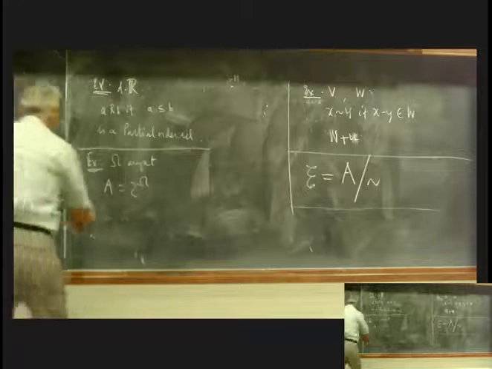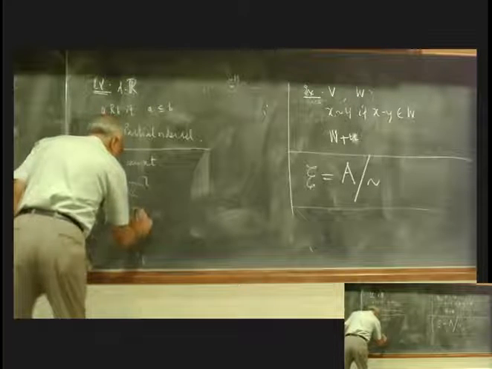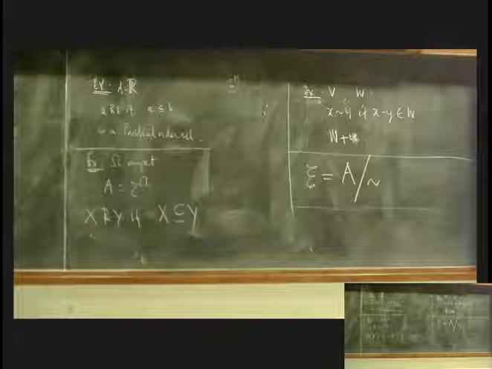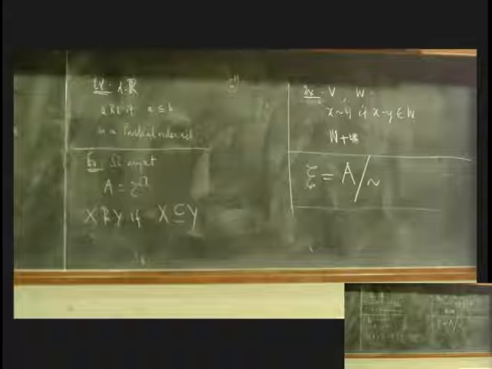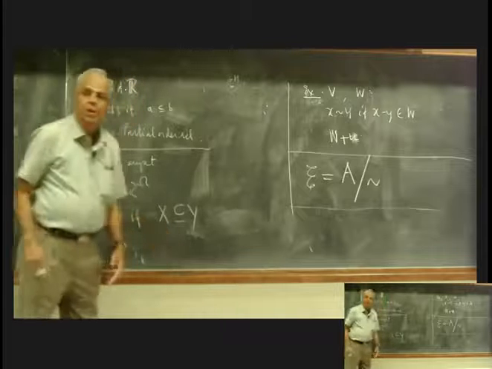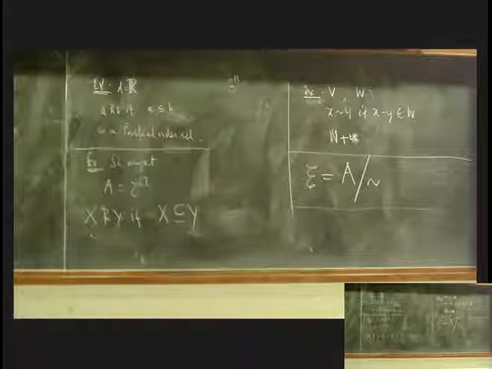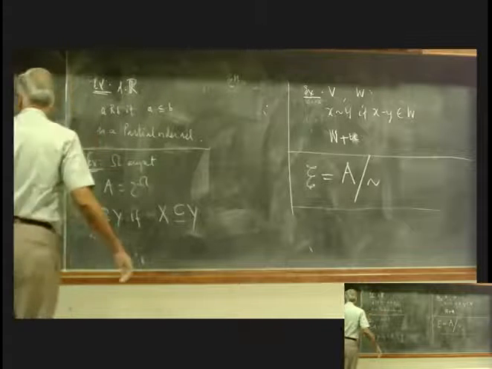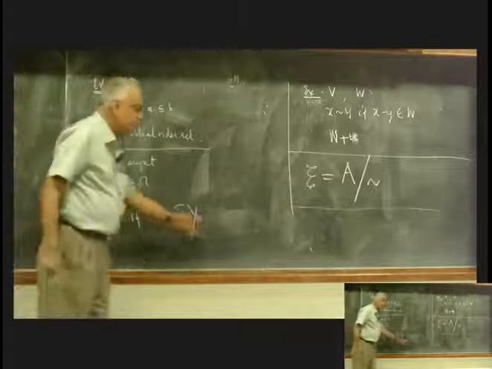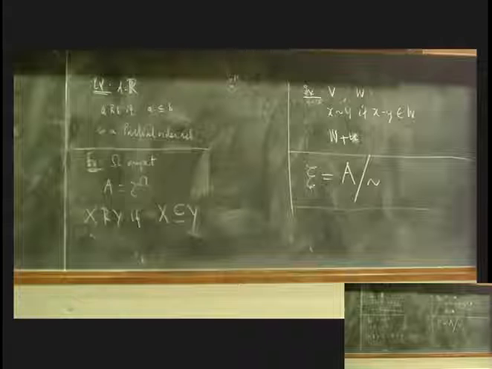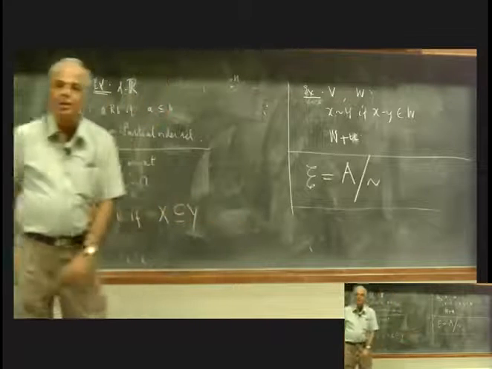Then I say X is related to Y if X is contained in or equal to Y. Now this is reflexive because every set can be thought of as a subset of itself, and it is antisymmetric because if X is contained in Y and Y is contained in X, then X must be equal to Y, and transitive because X is contained in Y, Y is contained in Z, then X is contained in Z.